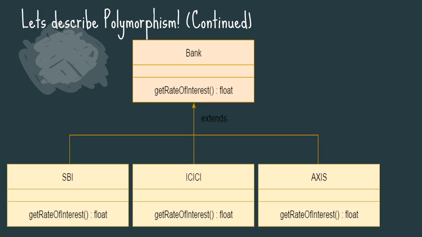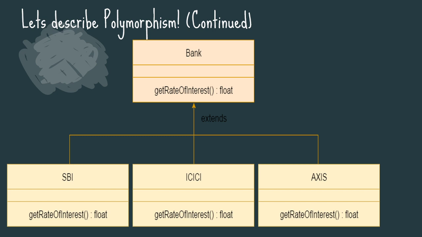Another example. Let's look at this. One main class is given, that is the Bank class, and this class is extended by many other banks: SBI, ICICI, Axis. We are going to access the method getRateOfInterest in the Bank class for SBI, ICICI and Axis.